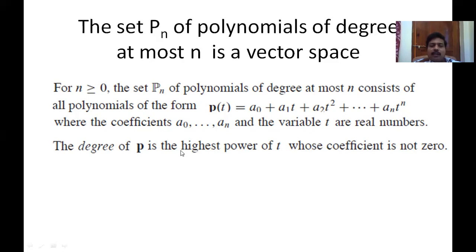The degree of p is the highest power. In this definition, the degree of p is the highest power of t whose coefficient is non-zero. For example, if you take p(t) = 2 + 3t^2 + 5t^5, then the degree of that polynomial is 5.